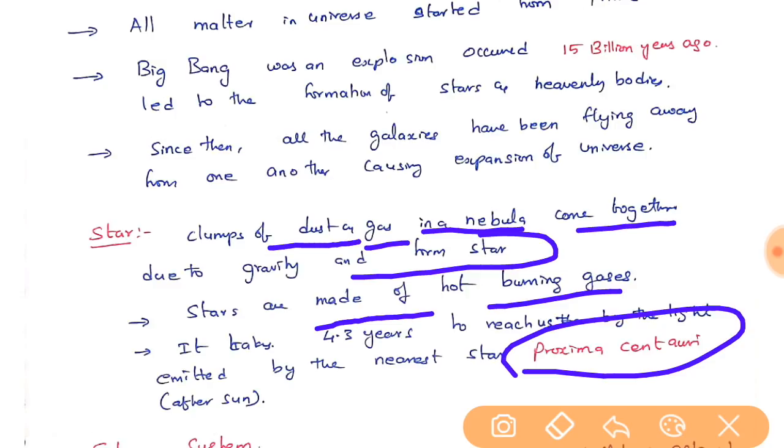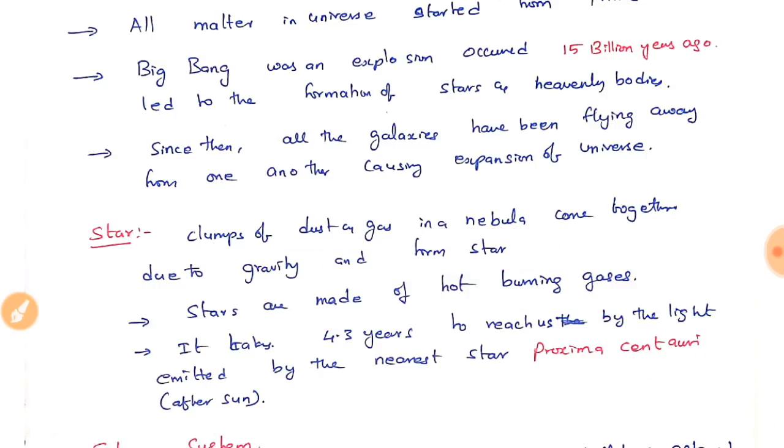Proxima Centauri is the nearest star after the sun, friends. Sun is our nearest star, and the next nearest star is Proxima Centauri, but its light takes 4.3 years to reach us. If we see a star in some place, it's not that at that moment it is at that place, friends. It would have moved from that place, but the rays which we receive from that place are 4.3 years old.